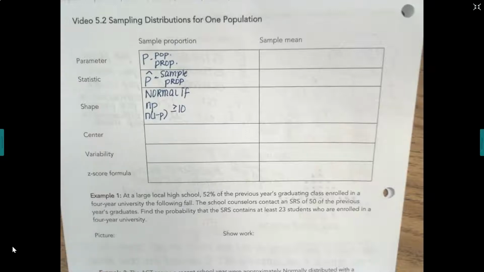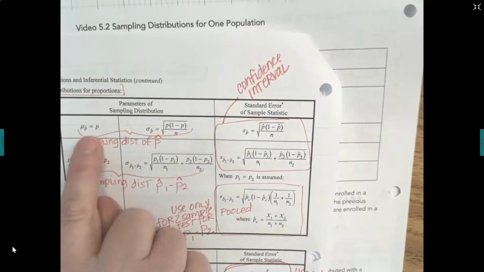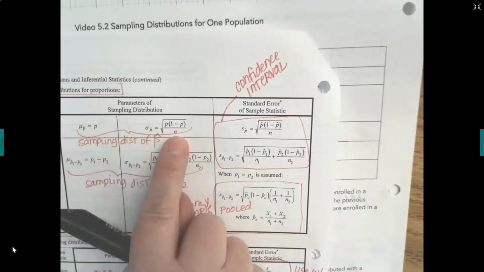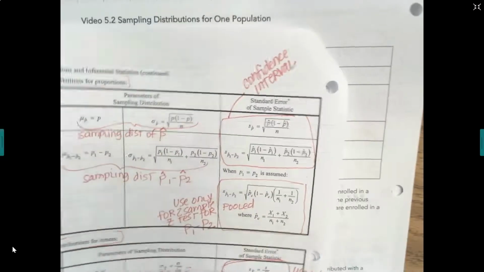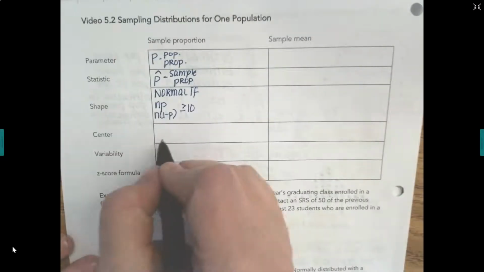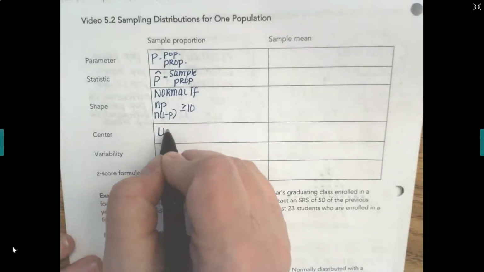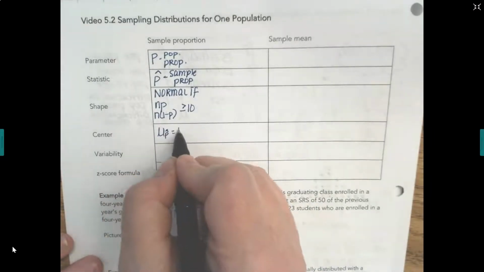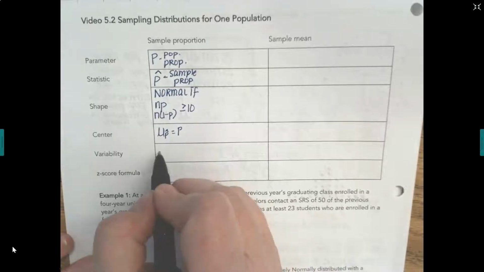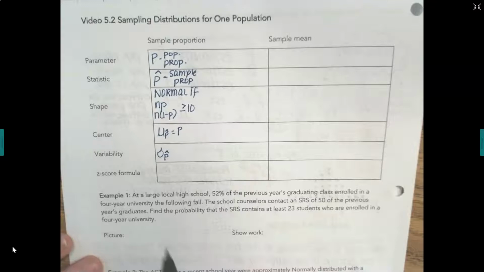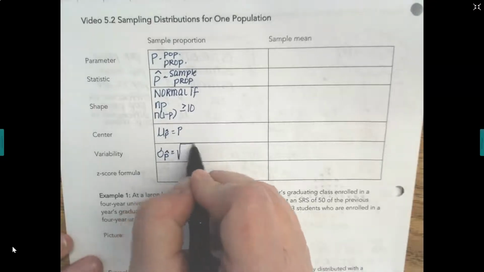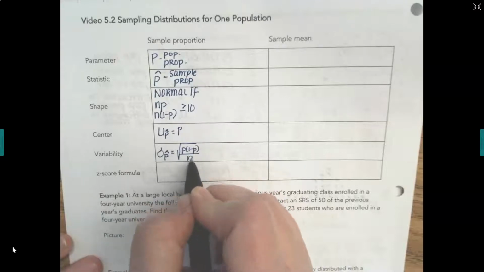Now, from our formula sheet, if we're talking about a sample proportion for one sample, here's our mean and here's our standard deviation. So this is our center and our variability. Our center for the sampling distribution of P hat will be whatever our P is. And our standard deviation for our sampling distribution of P hat will be the square root of P times 1 minus P divided by n.